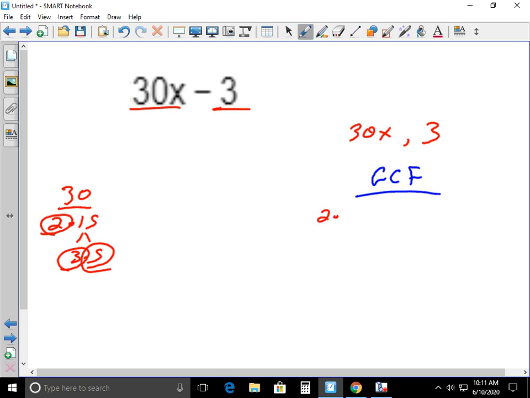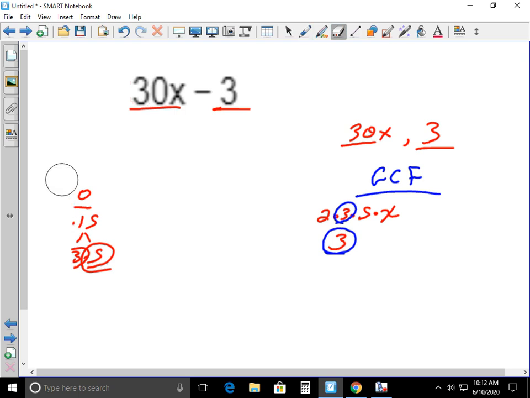So 2 times 3 times 5 is the prime factorization of 30, and then we have an x. The prime factorization of 3 is just 3. So if we want to find out what the 2 lists have in common, the 3 is all they have in common. So 3 is the greatest common factor.